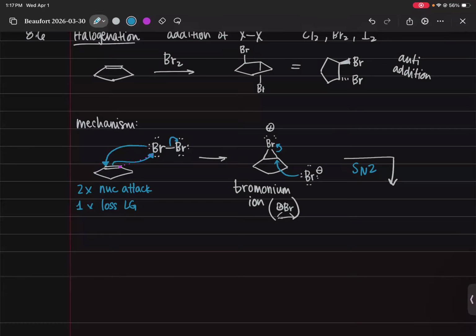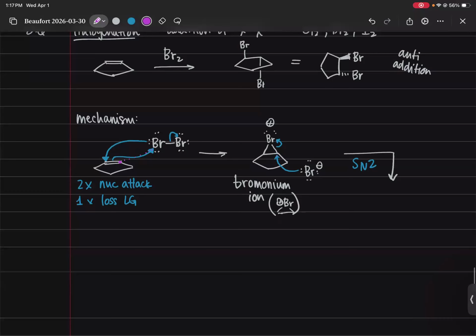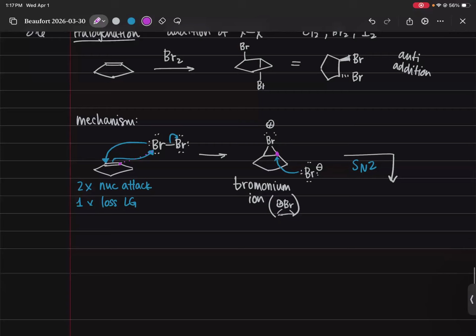SN2 reactions are characterized by inversion of stereochemistry. So the bromonium bromine is at the top. If we're talking about stereochemistry at the pink carbon having inversion, at the beginning of the reaction the bromine was at the top, and now at the end of the reaction the bromine, which is now a different bromine atom, is at the bottom.